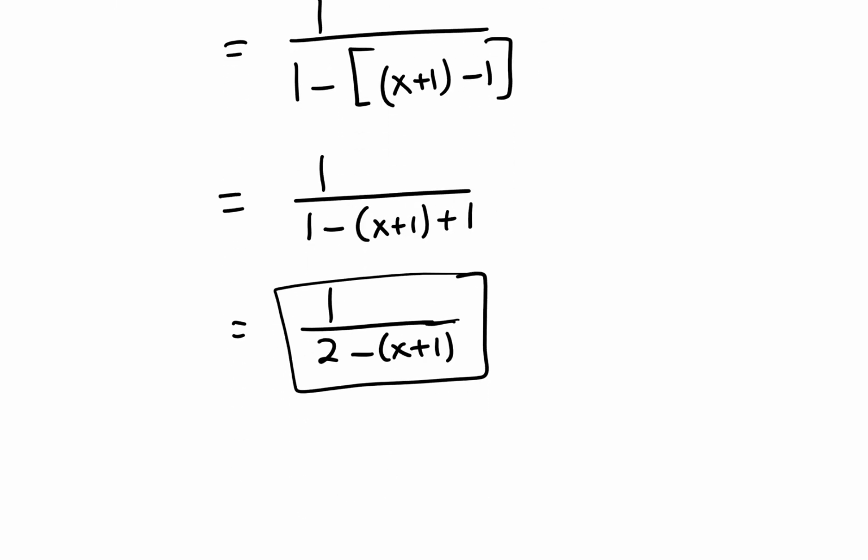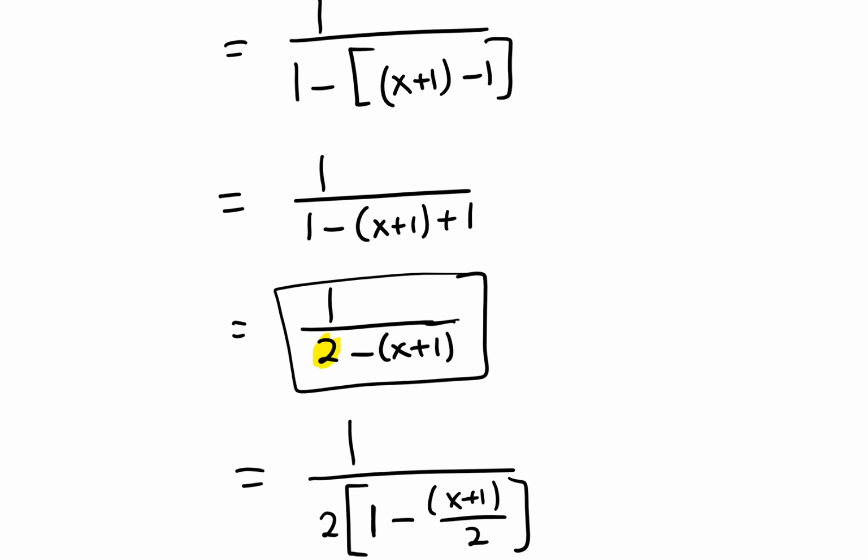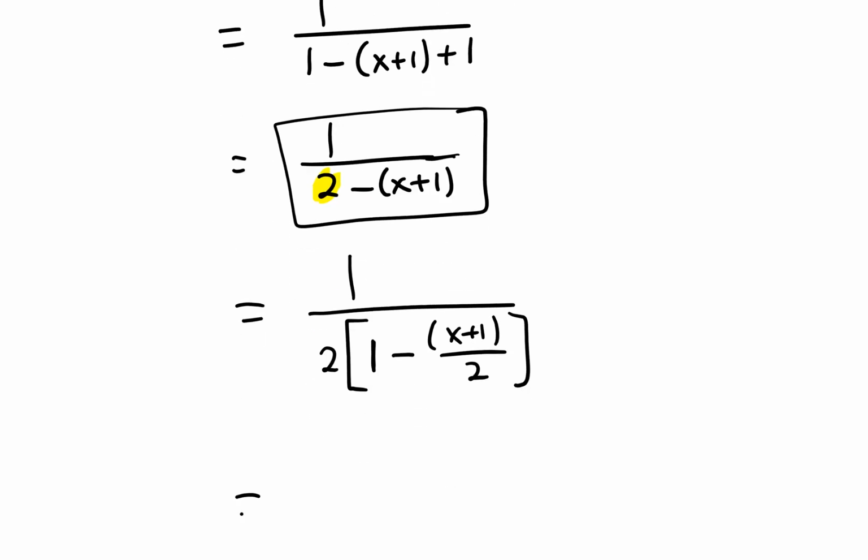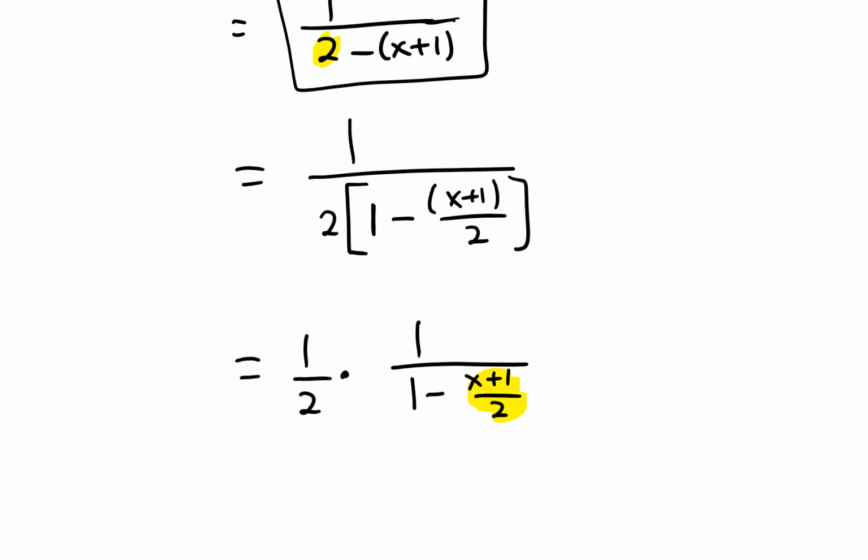Notice this number here is not 1 anymore, it's 2. So as we did in the previous examples, we pull the 2 out. That gives me 1 minus x plus 1 over 2, and that 2 we pull out as 1/2 times 1 over 1 minus x plus 1 over 2. Now I can see what r is. R is this highlighted part, x plus 1 over 2.